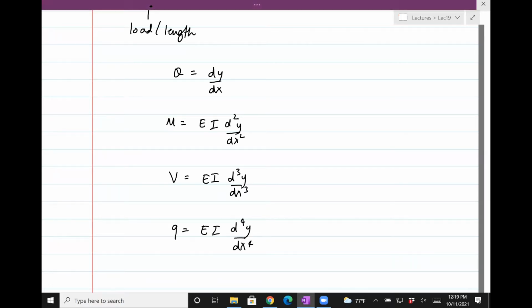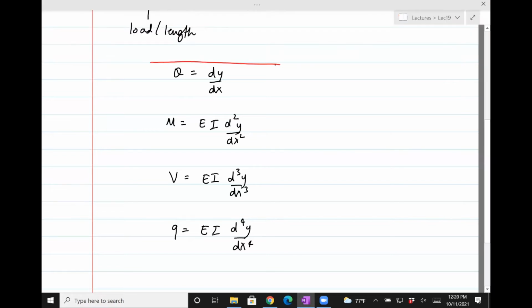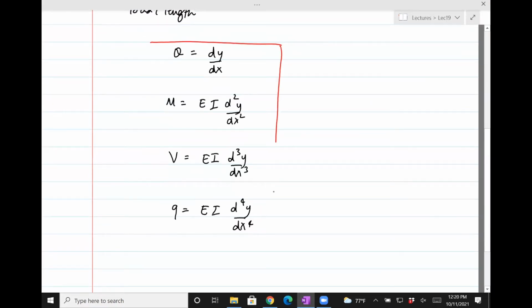Those are the things which you ought to know when solving a problem. Either you know Q, you know V, or you know M. Once you know those, you just put them in the formula, and then you get the first, second, third, fourth derivative, and then you have to keep integrating those equations to get y.